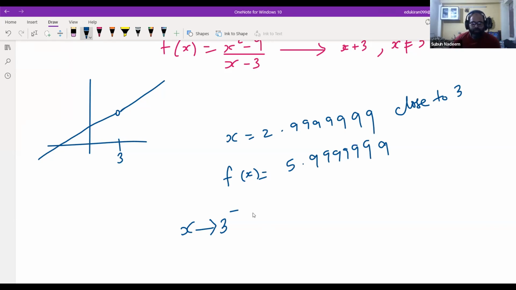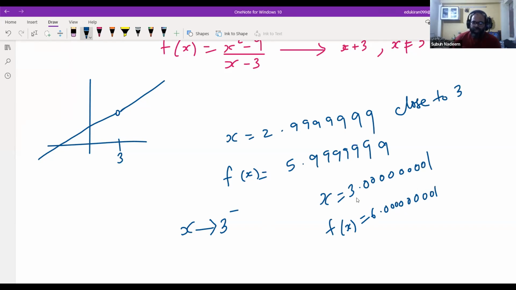Similarly, if you take x is equal to, suppose, 3.000001, you'll get f of x as 6.000001. Now you put one more zero, and one more zero again.